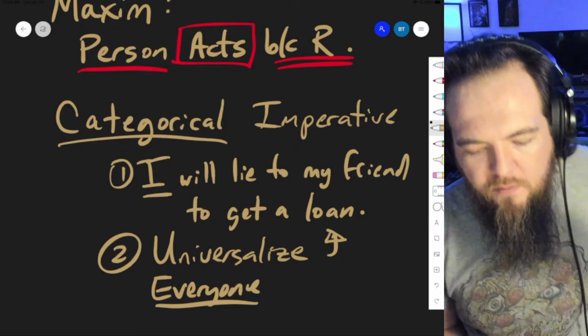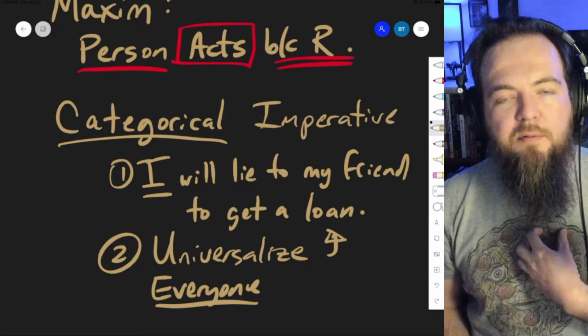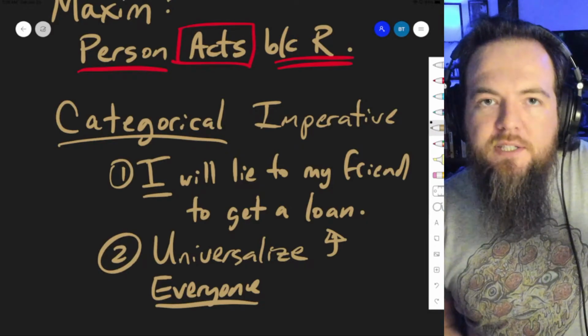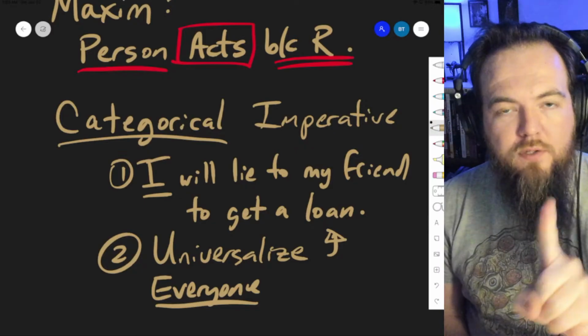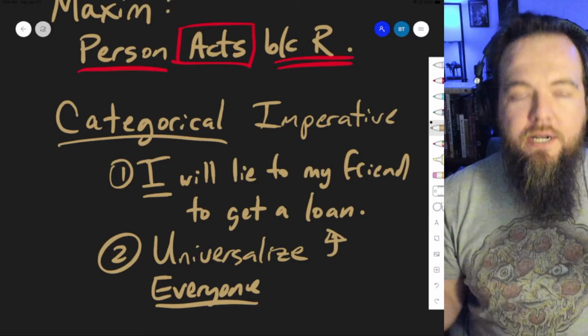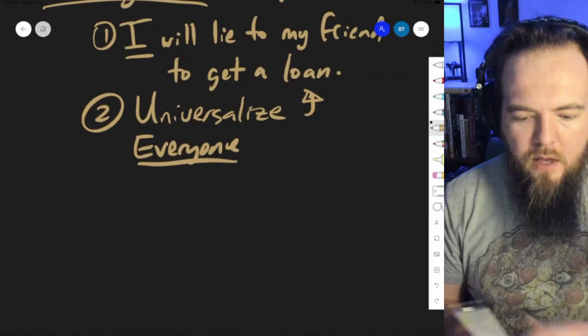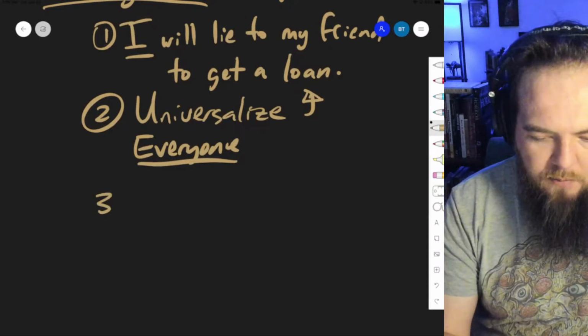So now we've gone from just the individual perspective, what I'm thinking of doing or what someone else is thinking of doing, to what it would be like if everyone did that. If everyone did that, we've universalized it. Then there's two other steps.